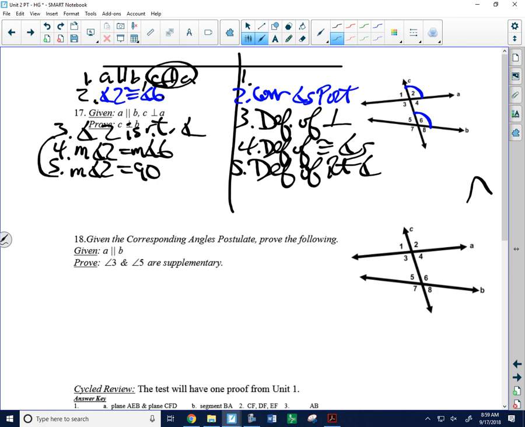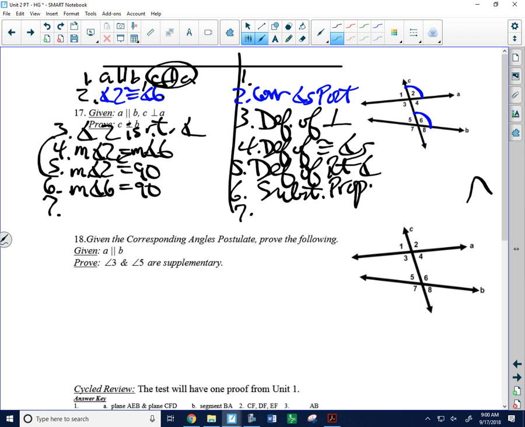And now with 4 and 5, we can plug in 90 here or measure of angle 6 here. So I'll plug measure of angle 6 in here. So measure of angle 6 equals 90. That was just substitution. Transitive would work as well on this one. To finish up, 6 is now 90.